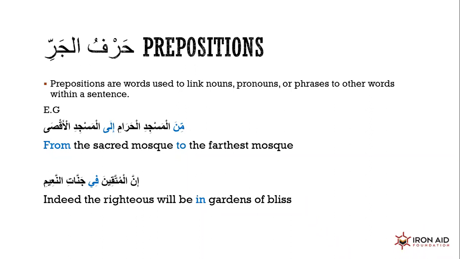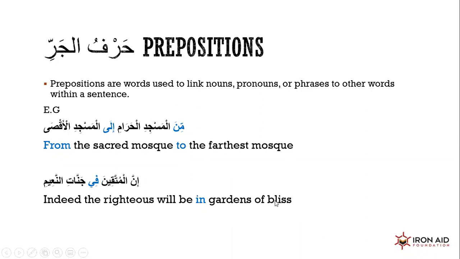And the second example, inna al-muttaqina fi jannatin na'im. So fi is the preposition here. Inna al-muttaqin, indeed the righteous will be fi, in jannatin na'imi, in gardens of bliss. If you might have noticed, gardens of bliss here has the word of, so we said that this is a mudaf ilayh construction.